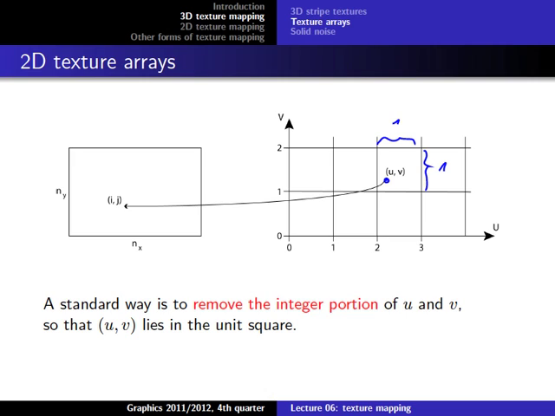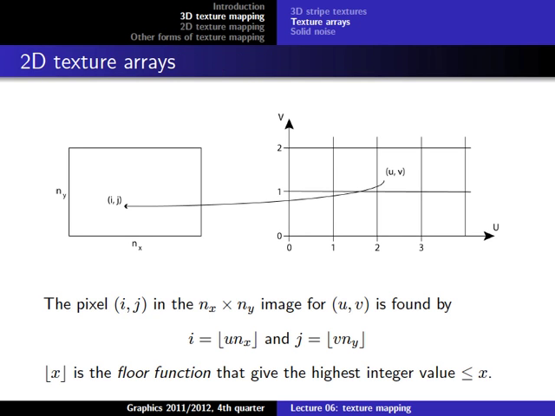We can get these values by just removing the integer part of the UV axis. So for a value here, for example, 2.2, here we have 1.2. We scale this to the tile by just removing the integer part. So this point here becomes 0.2, 0.2.